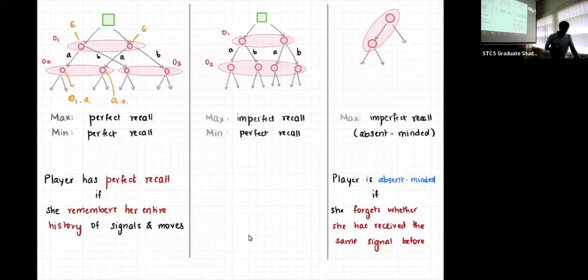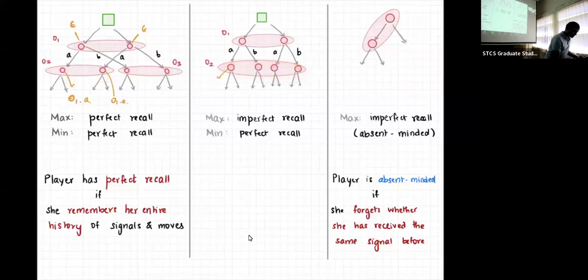Now, you see, in some sense, when the player receives O2, it cannot distinguish where in O2 it is, but the player remembers her sequence of actions when she came here. So the player knows that I received O1 and after that I played A and that's how I came here. Whereas look at this.